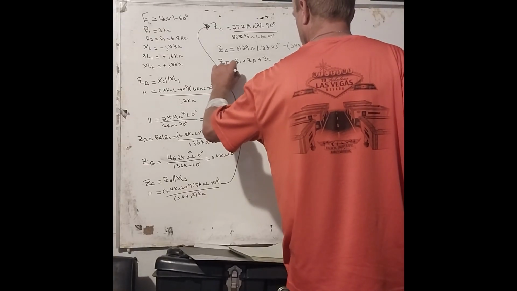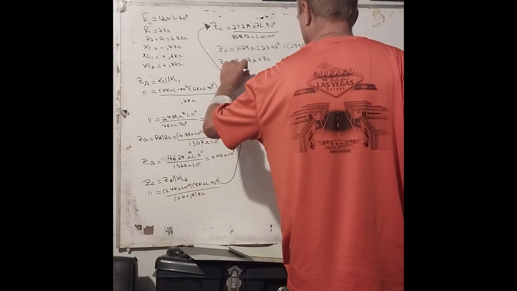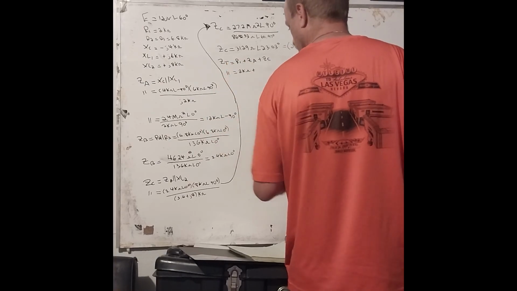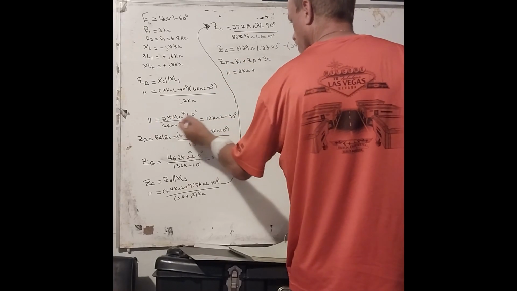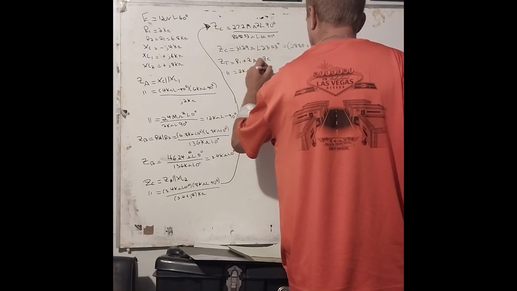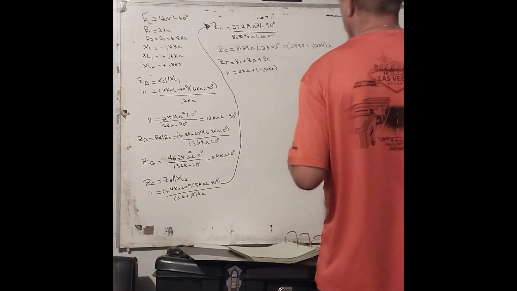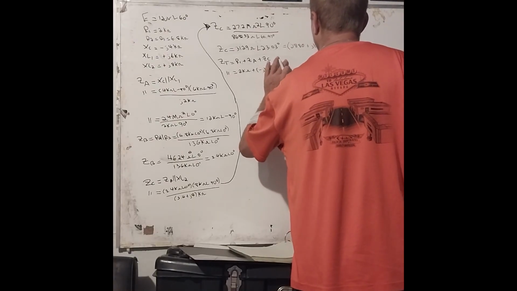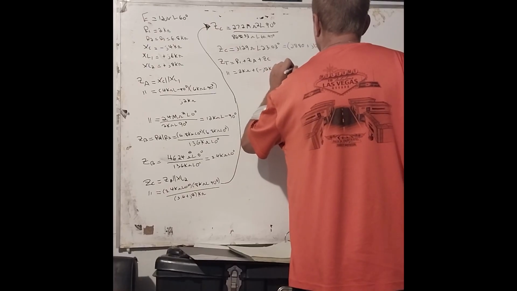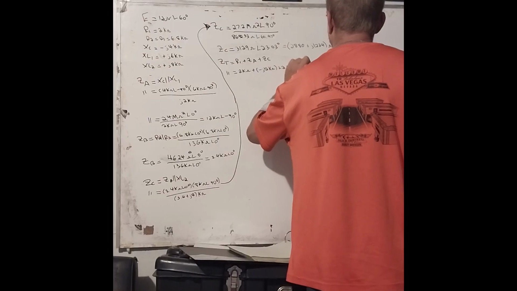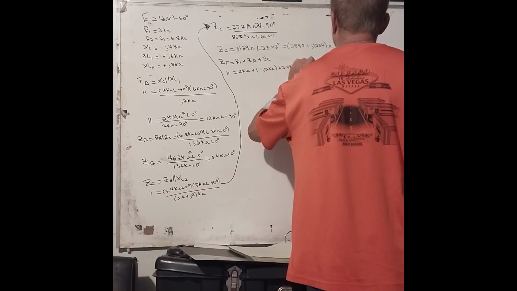So this is equal to 2k ohms plus a negative J12k ohms, and then we're going to add 2.88k ohms plus J of 1.224k ohms.